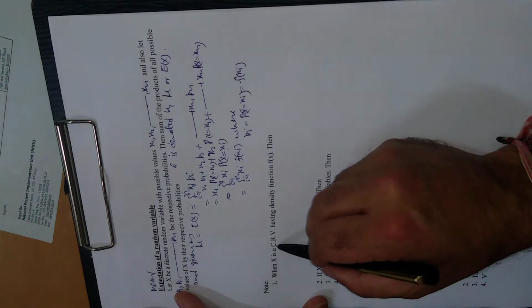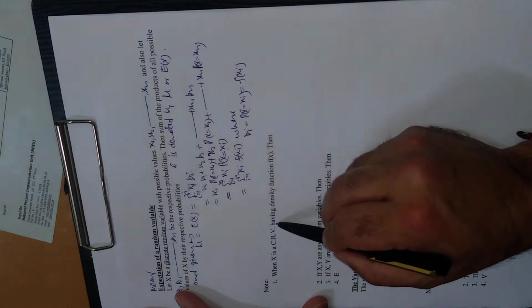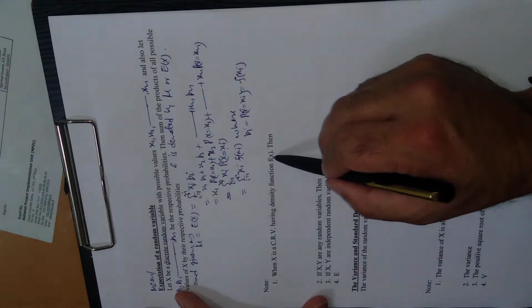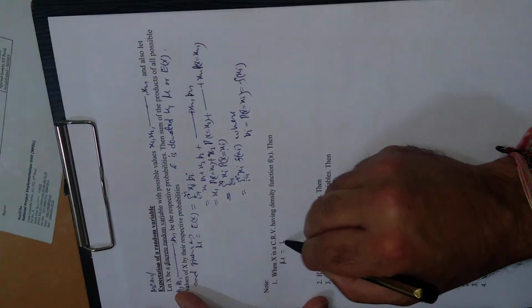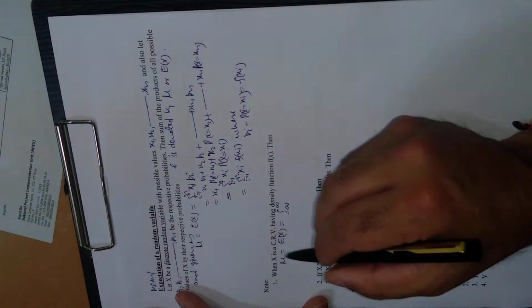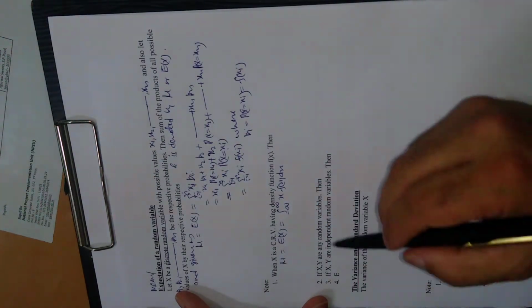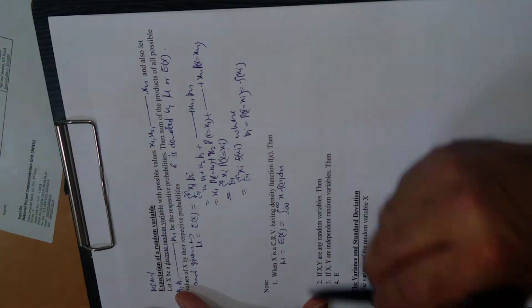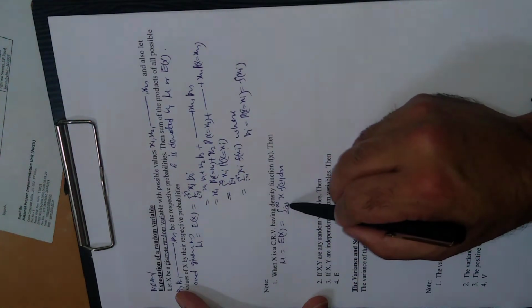Note number 1: this is for a discrete random variable. Now when x is a continuous random variable having density function f of x, then the mean or expected value of x is given as integration from minus infinity to infinity of x times f of x dx. So this is for a continuous random variable. In the case of discrete there will be summation, in the case of continuous there will be integration.